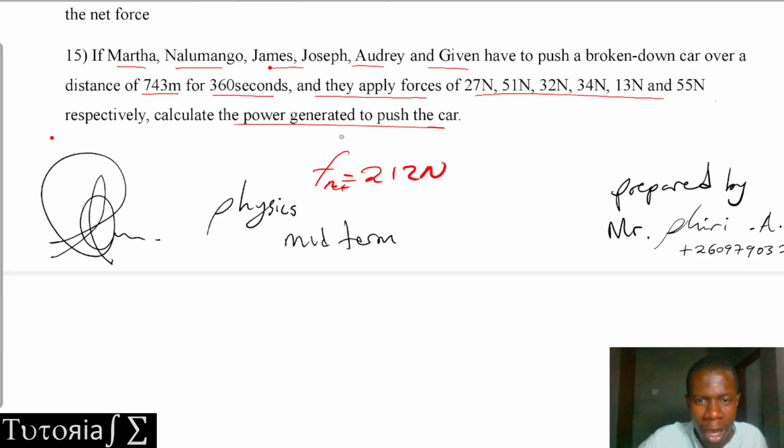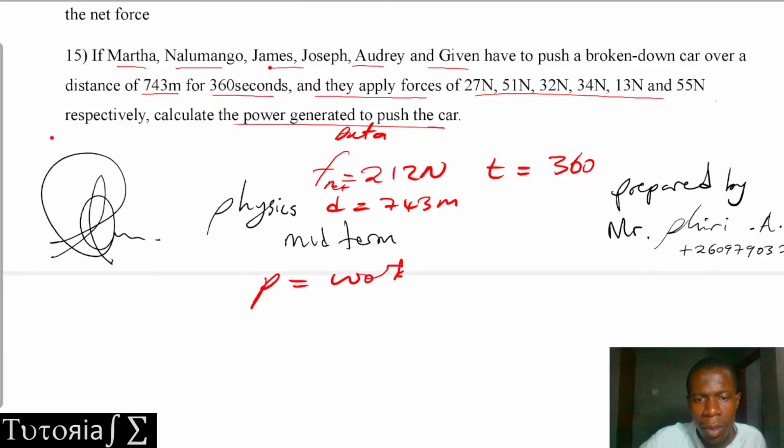And you also have, so this is our data. We have the force, we have the distance, which is 743 meters, and we also have time, which is equal to 360 seconds. So we're asked to calculate the power. So power is equal to work over time.